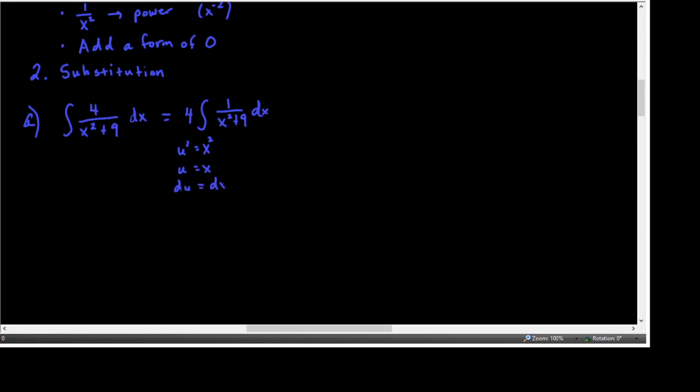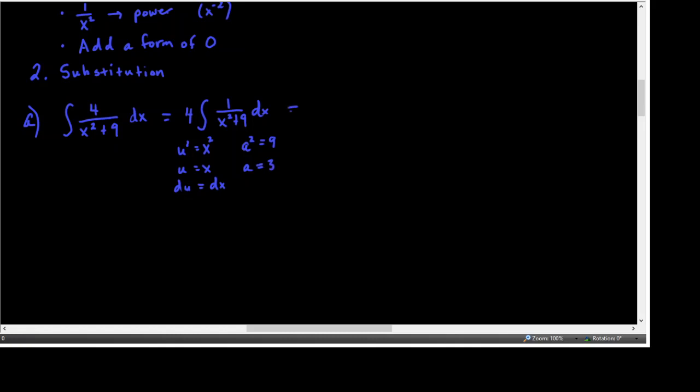And since du and dx are the same, I do not need to introduce any new constant into the problem to be able to do this. So I think we're good on that count. And then a squared is 9, which means a is 3.